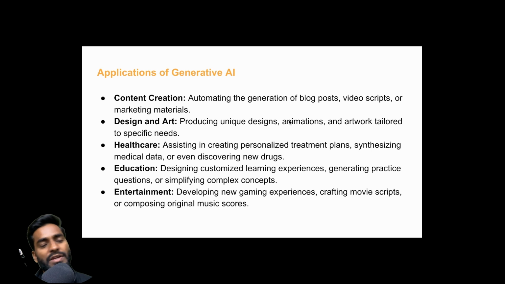Similarly, in healthcare, it's assisting in creating personalized treatment plans, synthesizing medical data, or even discovering new drugs. Education, designing customized learning experiences, generating practice questions, or simplifying complex concepts. In entertainment, developing new gaming experiences, crafting movie scripts, or composing original music scores.